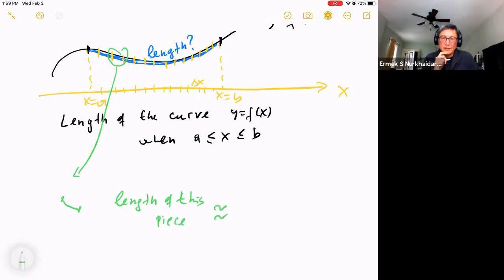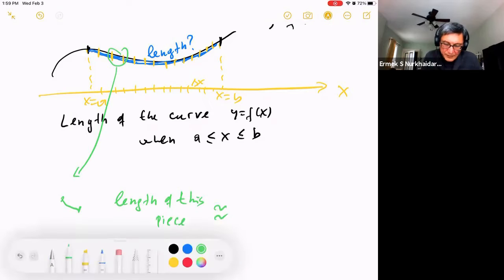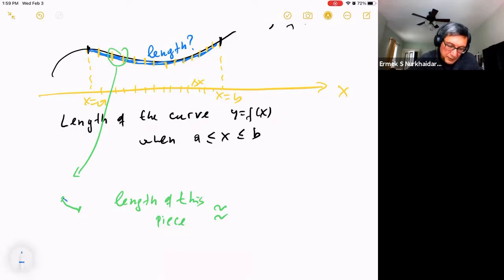Now we approximate the length of this piece. We can approximate it by a straight line, right? So we can connect the end points of a smaller piece by a straight line.